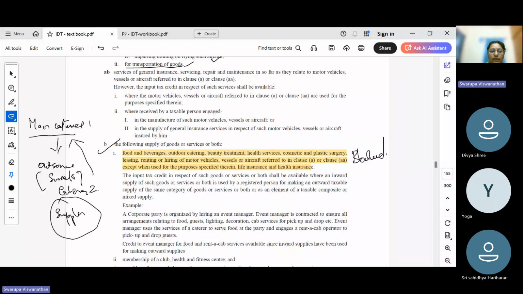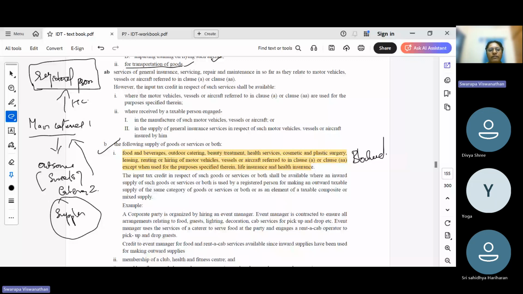They are both in the same line of business. So if any service is provided to another person who is in the same line of business, ITC is allowed. Now, caterer 1 will provide the service, assuming it is a registered person. ITC not allowed.